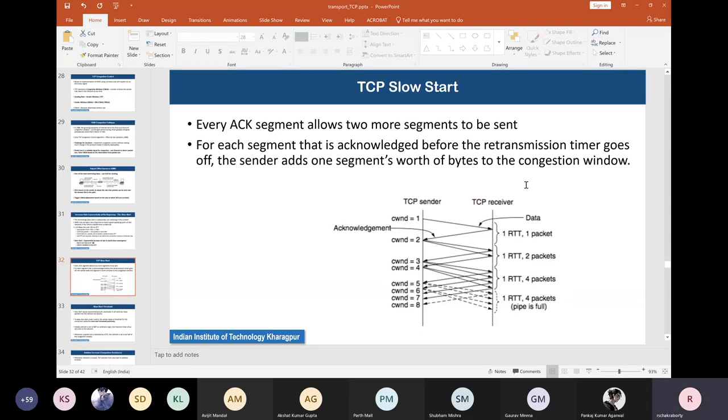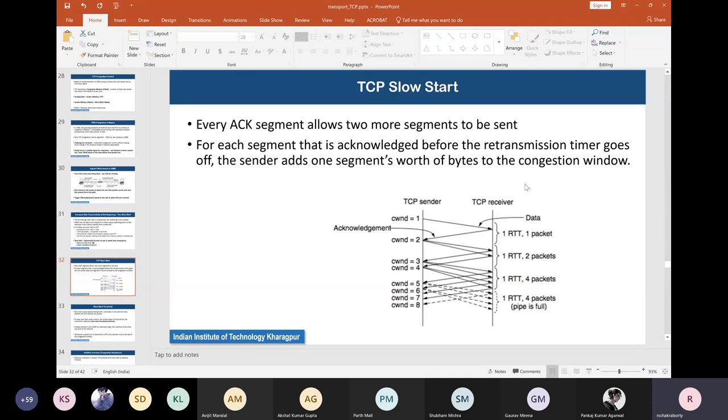The goal is that for every acknowledged segment, you allow 2 more segments to be sent. So every segment that is acknowledged, before the retransmission timer goes out, adds 1 segment's worth of bytes to the congestion window.